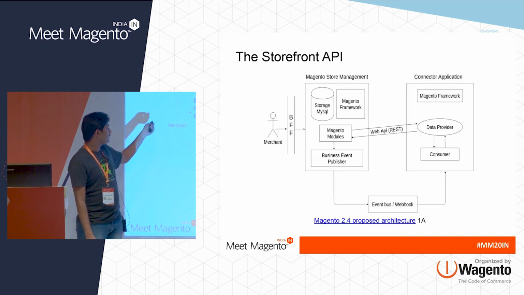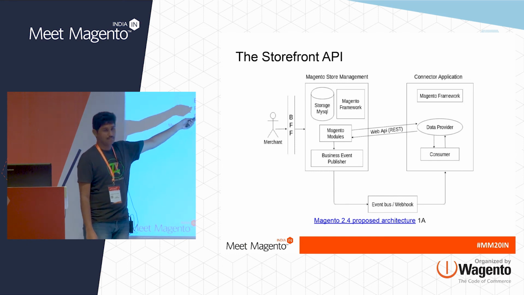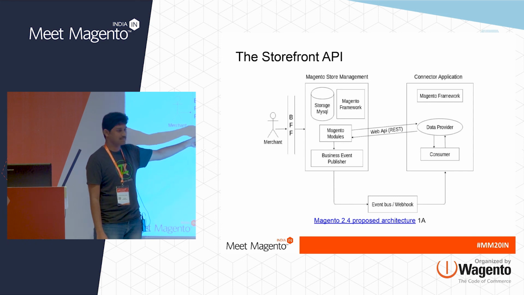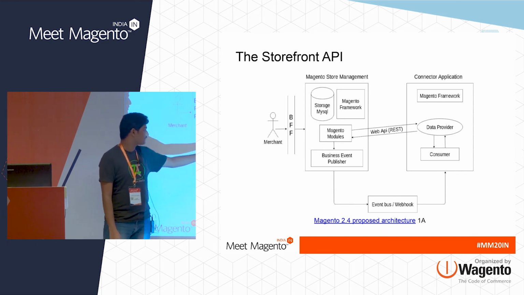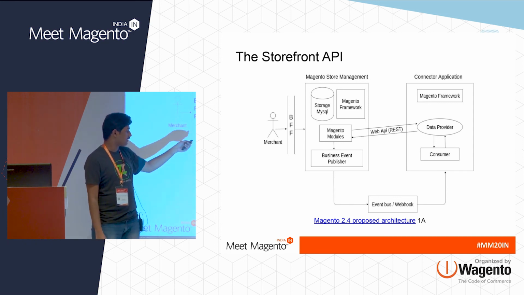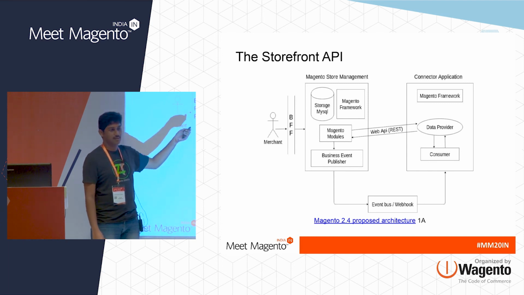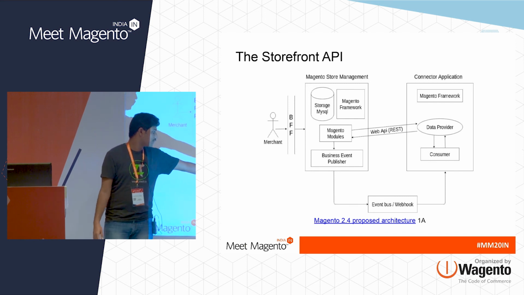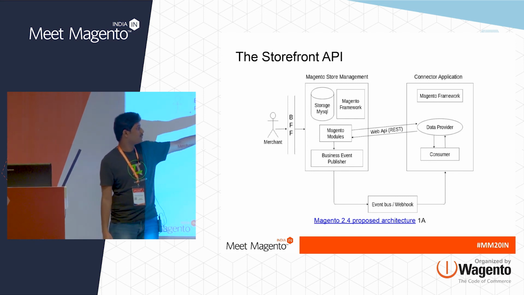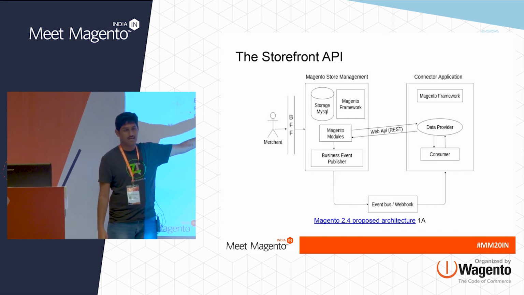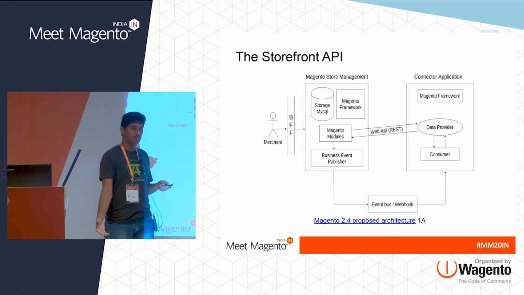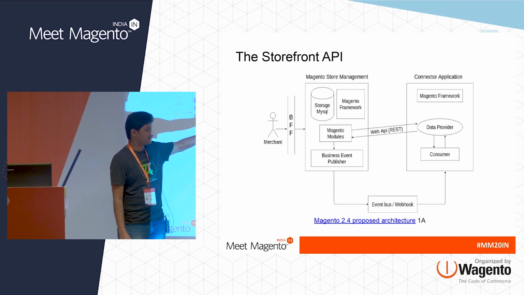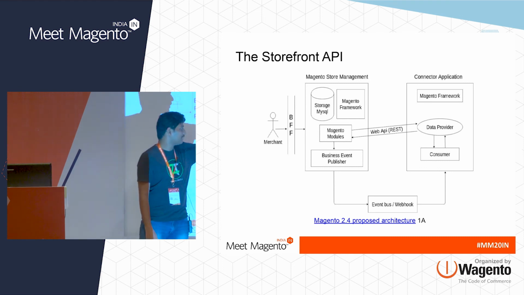So this is a merchant hitting the normal Magento storefront, and you will have the Magento modules here, and business event publishers here. If you do a product import or something like that, it will be processed by the webhook or event bus, and then provided to a connector application. This connector application is a completely new concept, and it will communicate with Magento via web APIs.